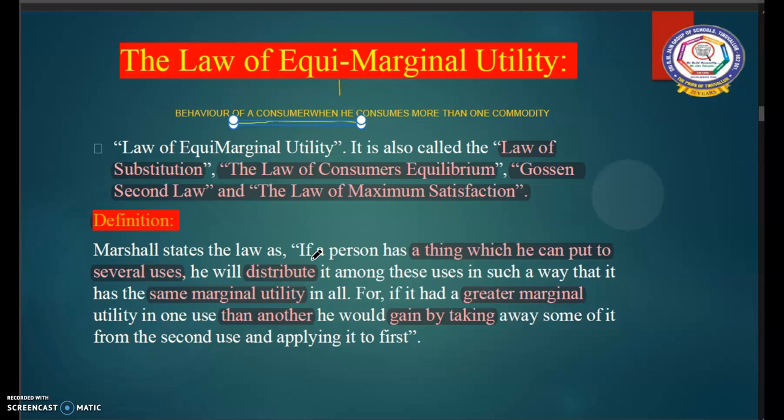If it had a greater marginal utility in one use than another, he would gain by taking away some of it from the second use and applying it to the first. For example, if he is going to invest in the production of a commodity, and the profit is more in producing another commodity, then he will take some portion of the capital from the first commodity and invest it in the production of the second commodity.